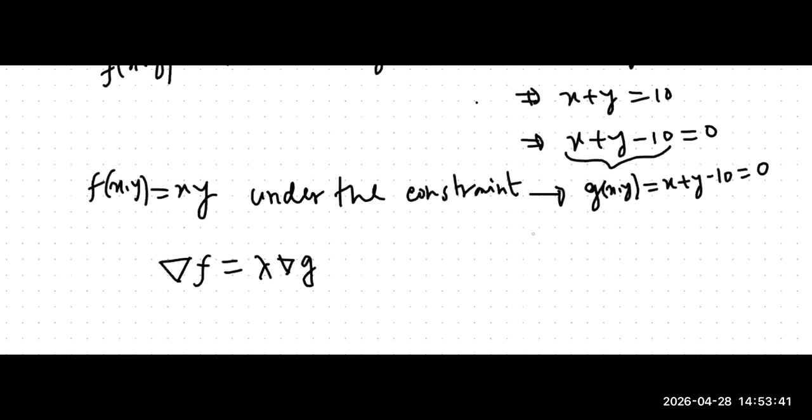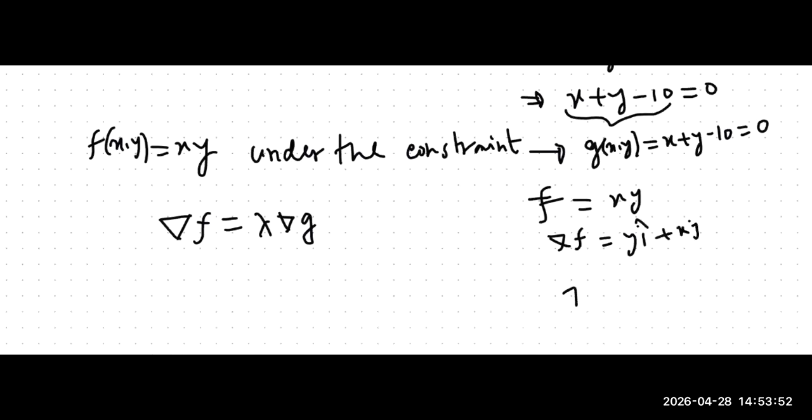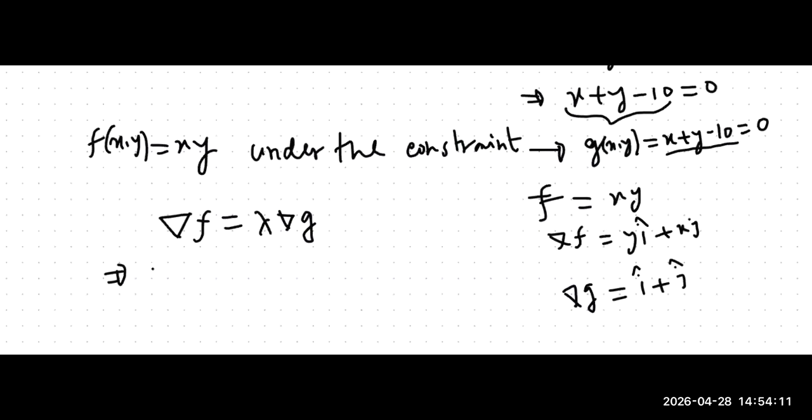Since f is xy, the gradient of f is y i plus x j, and the gradient of g, differentiating with respect to x and y, is 1 i plus 1 j. So the gradient of f, y i plus x j, equals lambda times (i plus j).